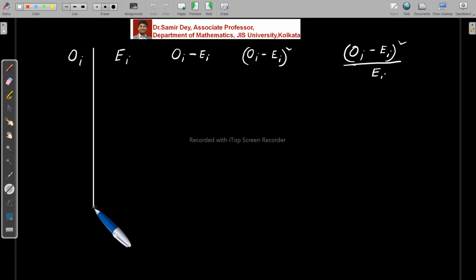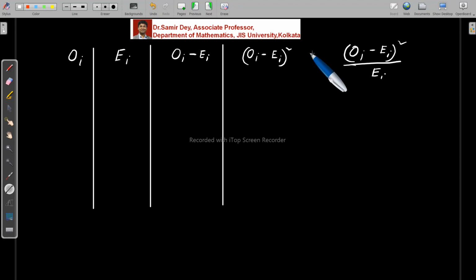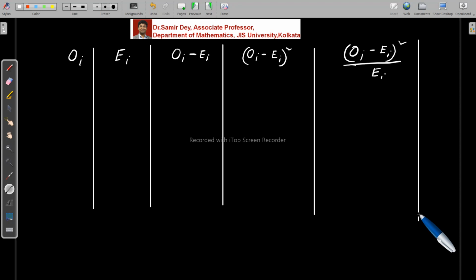So now you calculate this. Always you should create this table, it will help you a lot.